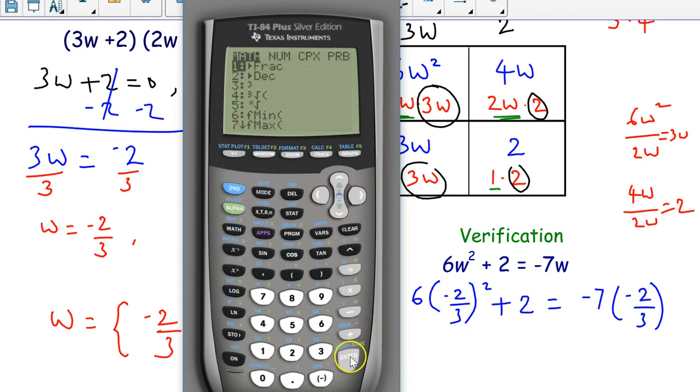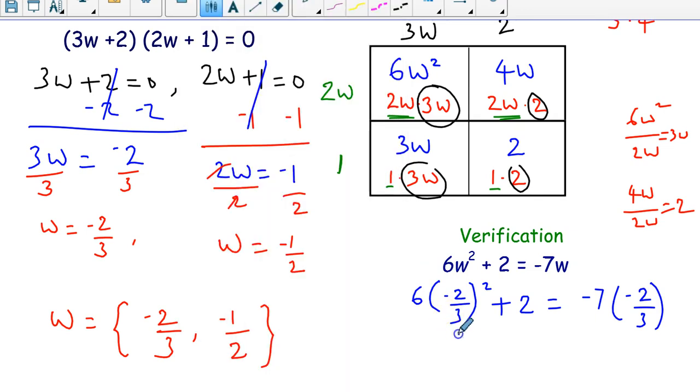I'll change it to a fraction: 14/3. On the right hand side, you see 7 times 2, which is 14, divided by 3. Negative times negative is positive. So 14/3 is equal to 14/3. It is true. Hence the answer -2/3 is correct.